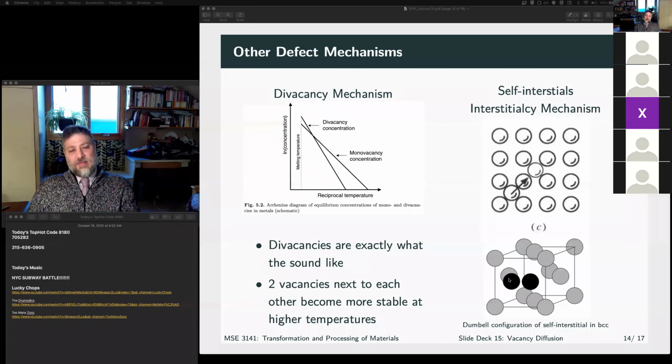So here's an atom on the lattice, here's a self-interstitial. It has to move some other atoms out of the way, so we get these two that are packed really close together. All right, and this is commonly referred to as the dumbbell configuration.